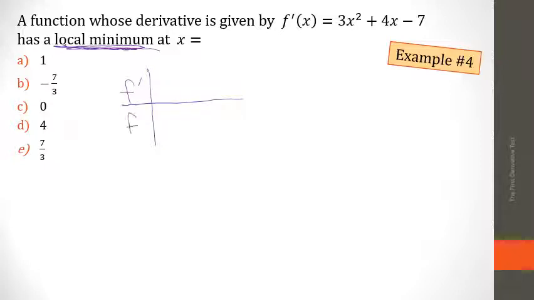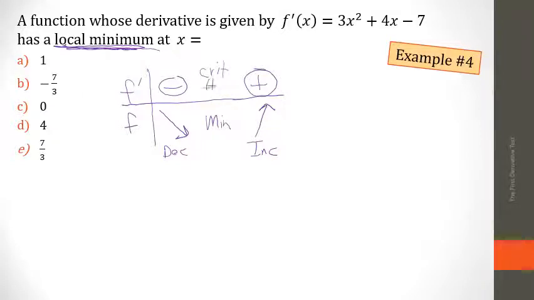And for a local min, the derivative has to go from negative to positive, because that means the original function is going from down to up. In other words, decreasing to increasing. So you need a sign change of the derivative from a negative to a positive, and that'll be your min, and this will be a critical number.